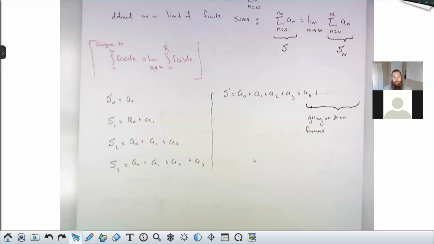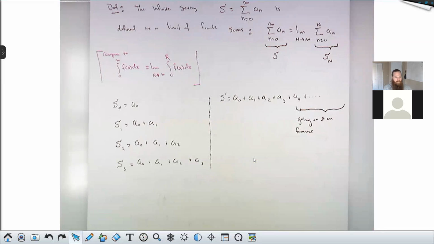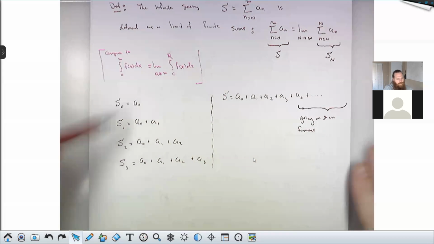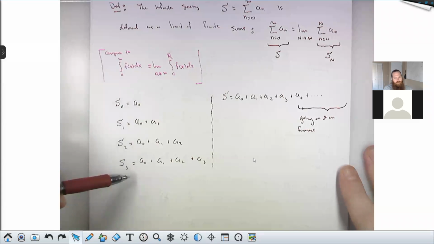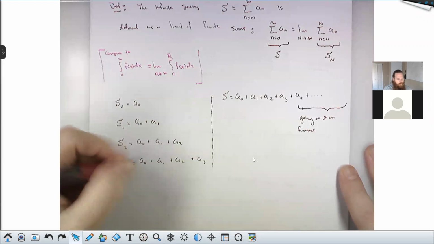So if this thing can be thought of in any reasonable way, this big infinite sum that goes on and on and on forever, it should be the limit of these things. Because as you walk down this list, the sum gets longer and longer and longer.